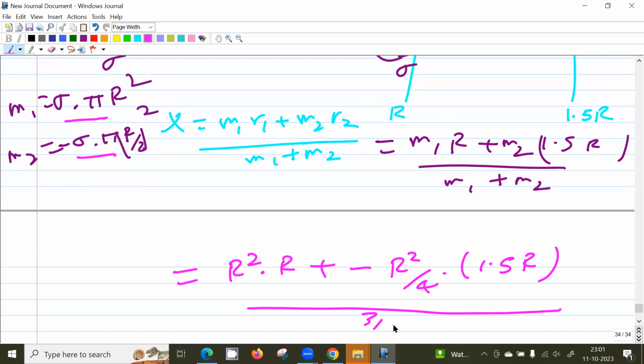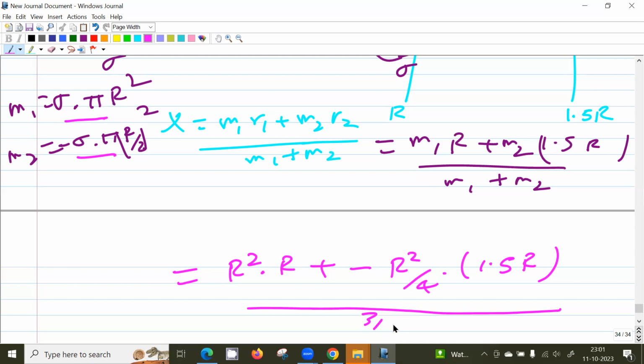Is this clear? This R, sir, this R. Okay, and M1 is sigma pi into R square. I'm leaving out sigma pi because it will cancel. So only R square is remaining, that I put here. Similarly for the second one, 1.5 R I kept it here, and M2 is sigma pi, which I'm leaving out, so it becomes minus (R by 2) square, that is R square by 4.